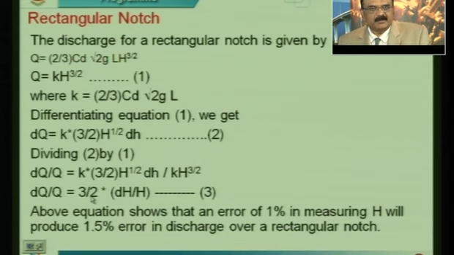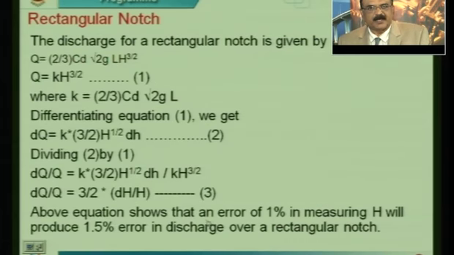What is the conclusion? If you made an error of 1% in noting down the head, the discharge is affected by 1.5%. That is what I mentioned in the next step. Above equation shows that error of 1% in measuring H will produce 1.5% error in discharge over a rectangular notch.